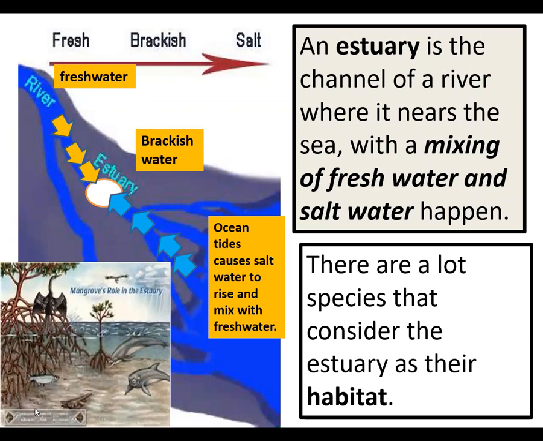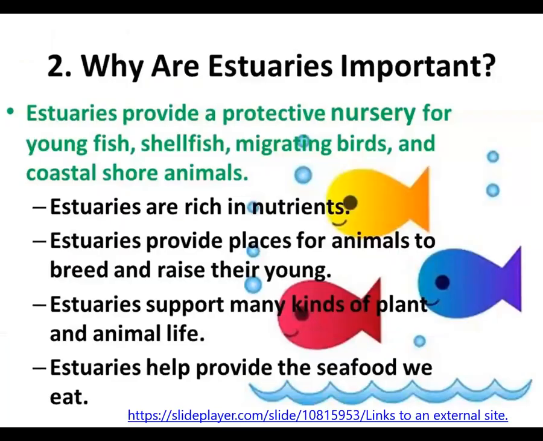So there are a lot of different animals there, and many animals stay there because it is safer in the estuary, and that's why it is termed the nursery for aquatic organisms. So if we destroy the estuary, a lot of living things would be losing their habitat and their safe haven in order for them to survive.